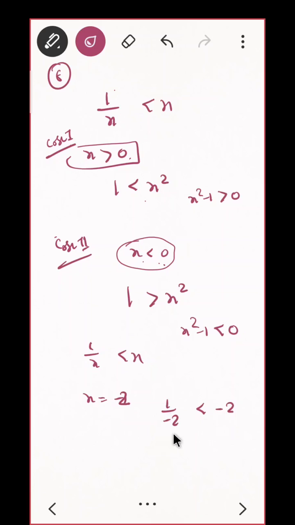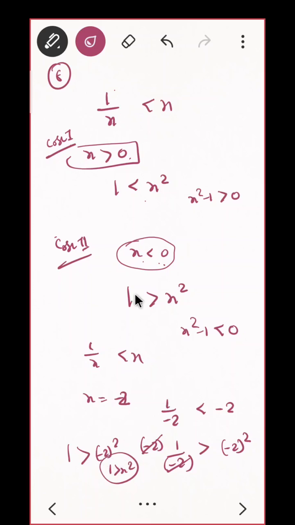If I multiply both sides by minus 2, you will have minus 2 multiplied by 1 upon minus 2, and this less than will become greater than, and this is minus 2 whole square. Do you see any minus anywhere? You have 1 is greater than the square of minus 2. Minus 2 squared is the same as x square. So 1 is greater than x square. This is what I wrote here. You don't have any minus there. Correct?